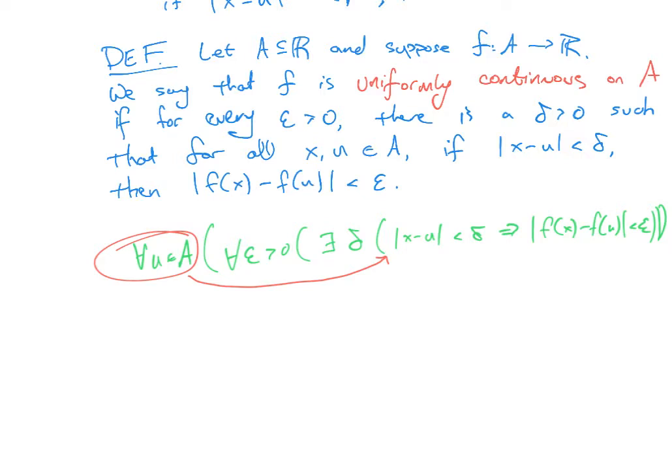Now, are there functions that are continuous on a set but are not uniformly continuous on a set? Indeed there are. Many functions are continuous but not uniformly continuous, with certain exceptions.